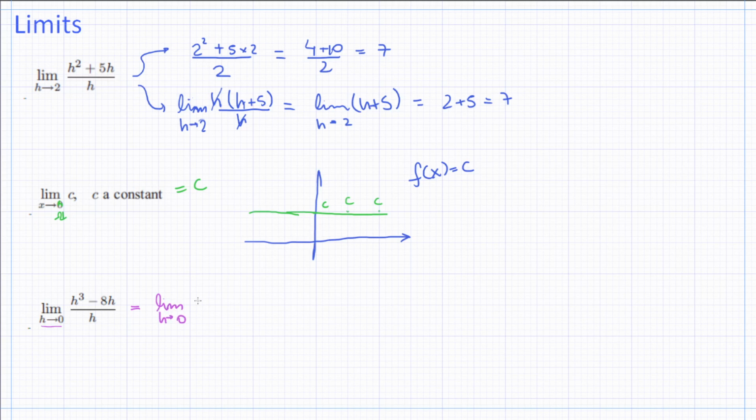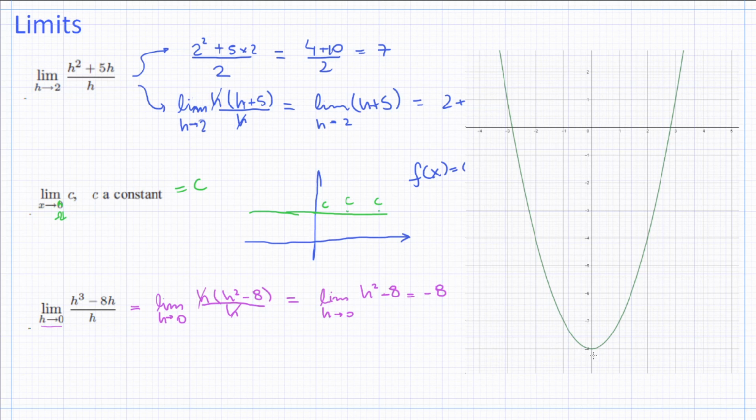We can factorize h on top, and we get h squared minus 8, and down below, h as well. So we can cross those out, and you get the limit when h goes towards 0 of h squared minus 8, which is negative 8.